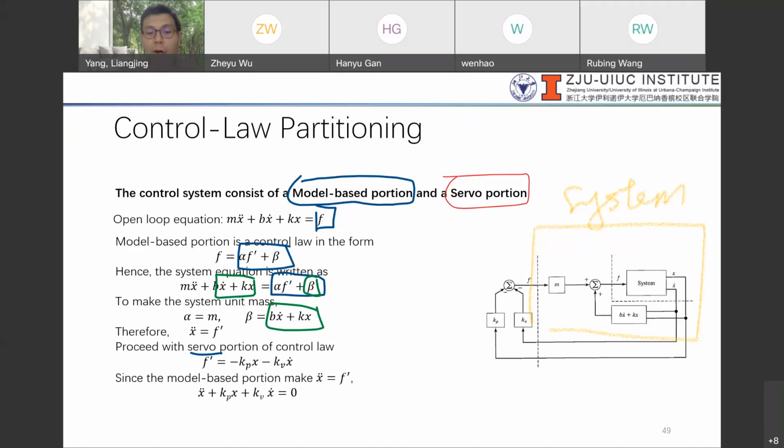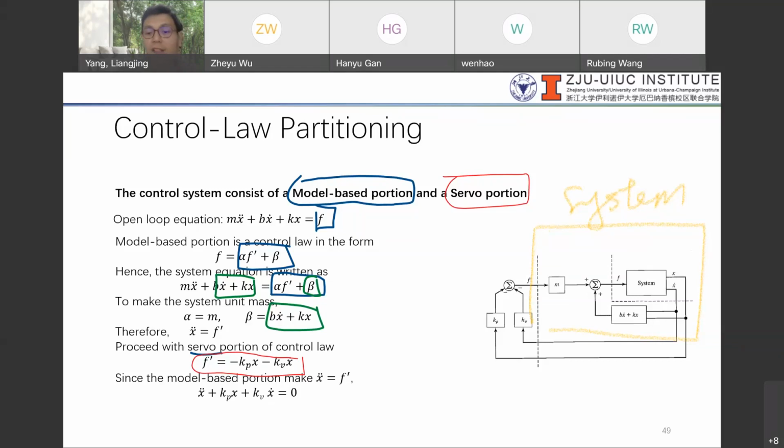And so in your servo portion, it is the same as what we had earlier on, but this time instead of f it is f prime. So our servo portion, maybe use a different color. Now combining this, since our model portion makes x double dot equal to f prime, we can put this in with our model portion.